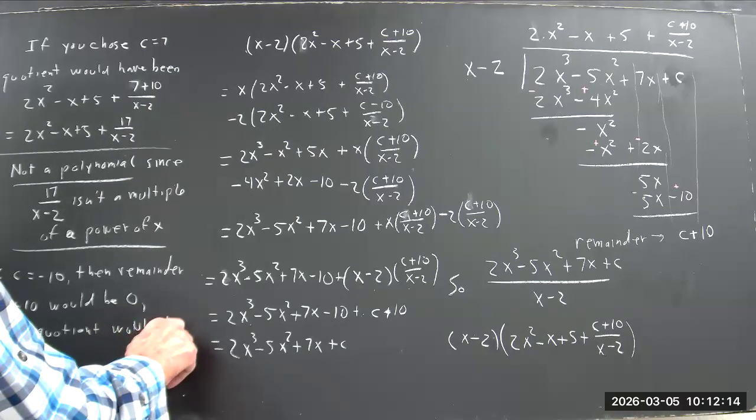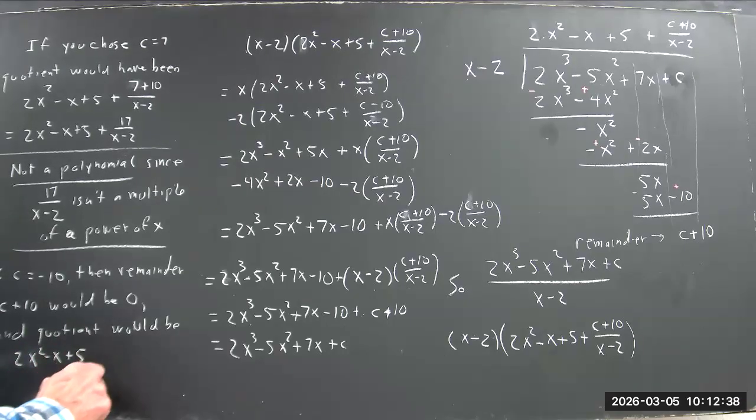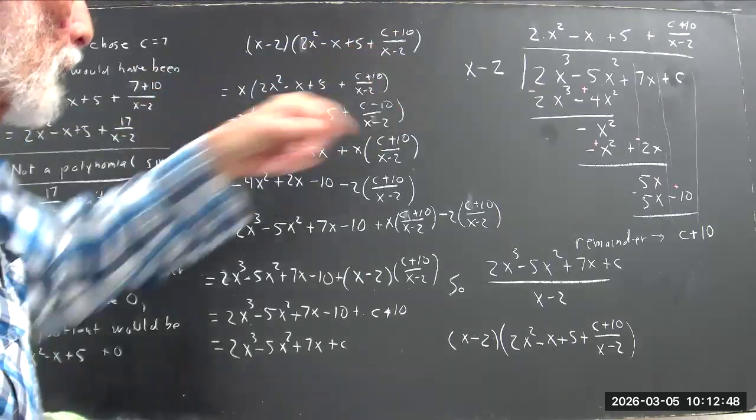And the quotient would be x minus 2. I'm sorry, finding out the multiplication is the next step that I'm not going to do. The quotient would just be 2x squared minus x plus 5 plus 0. Because again, c plus 10 over x minus 2 would be negative 10 plus 10 over x minus 2.